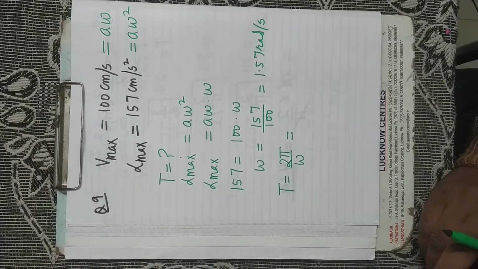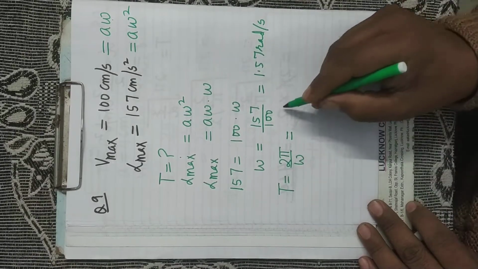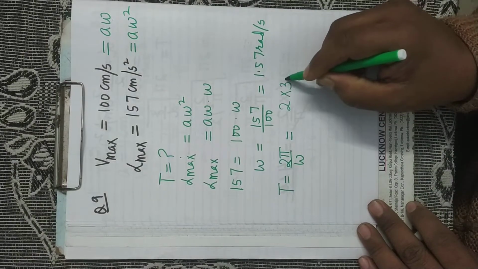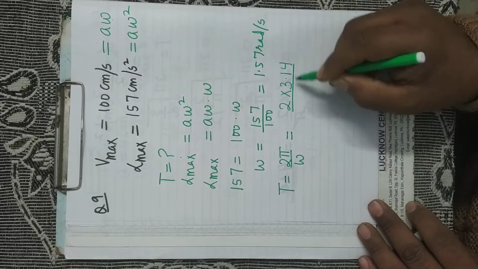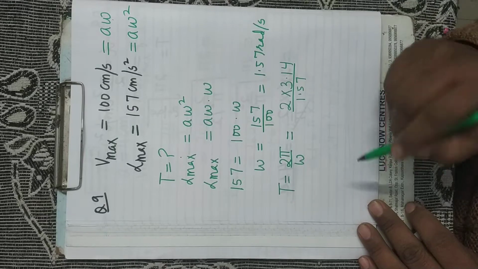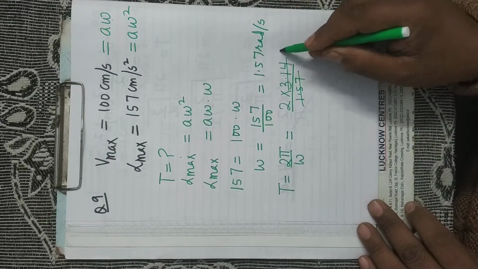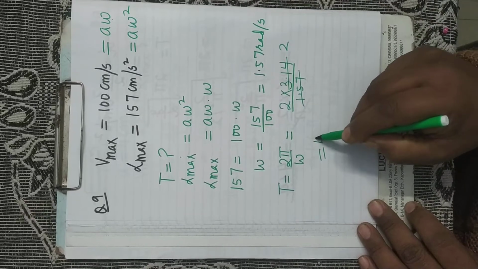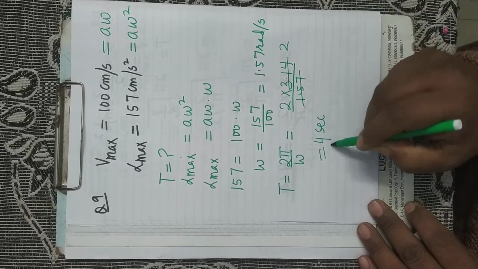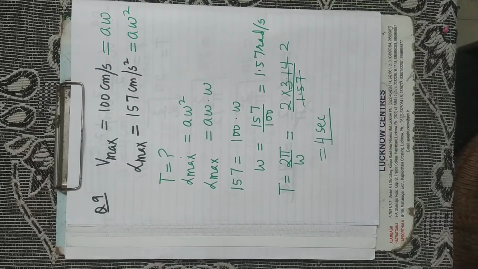But here we will take 3.14. Why? Because this is 1.57, and twice of it is 3.14. 22 upon 7 is non-terminating. So it will go 2 times, so it will be equal to 4 second. Here this is equal to 4 second.